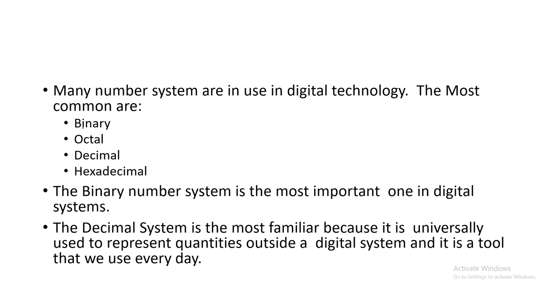The most common ones are binary, octal, decimal, and hexadecimal. There can be other number systems too. We can have a base 5 number system, a base 7 number system, any base number system. But the most commonly used are these four: binary, octal, decimal, and hexadecimal.